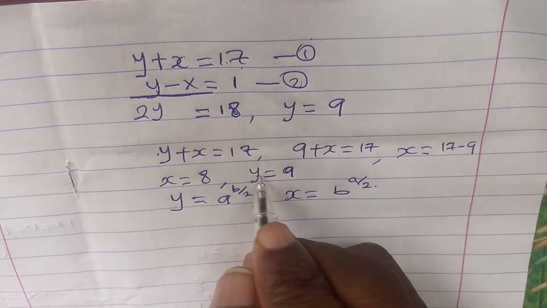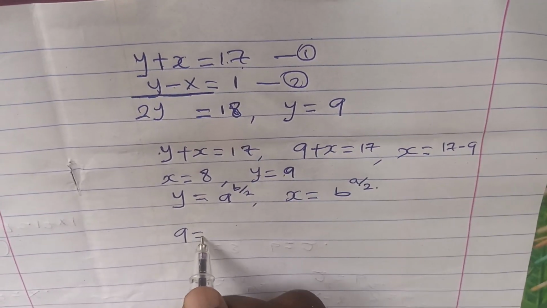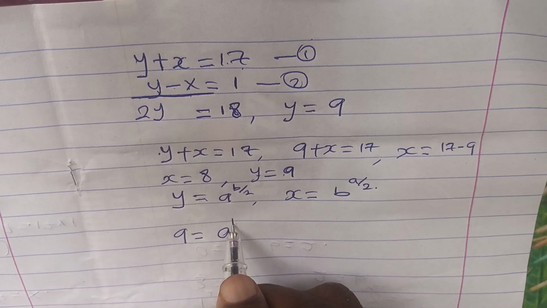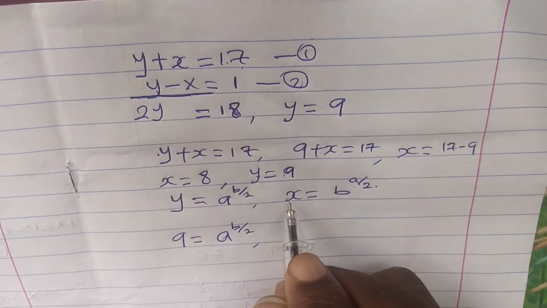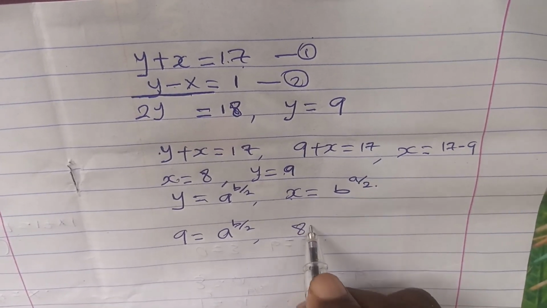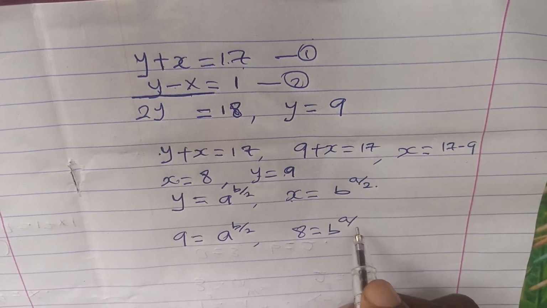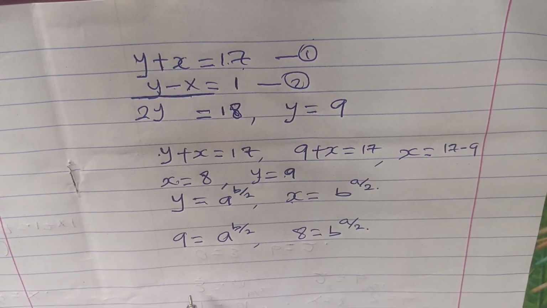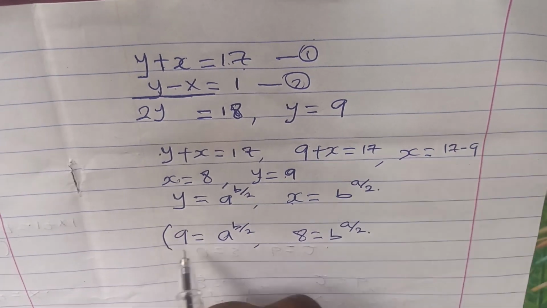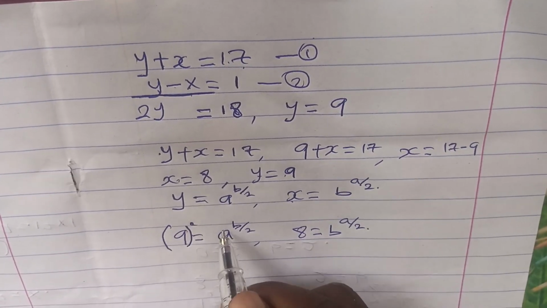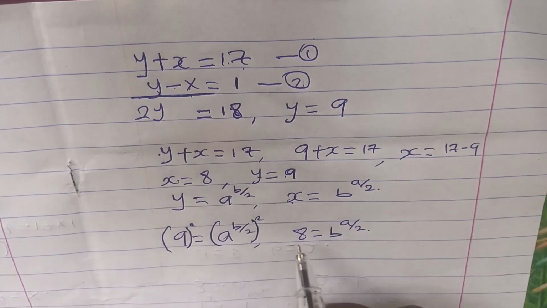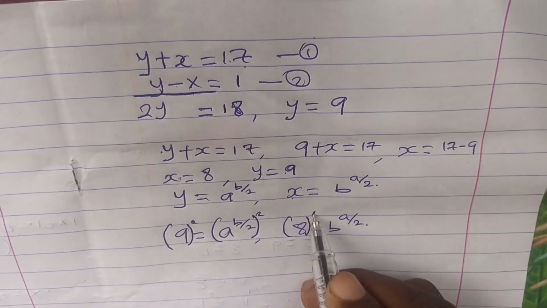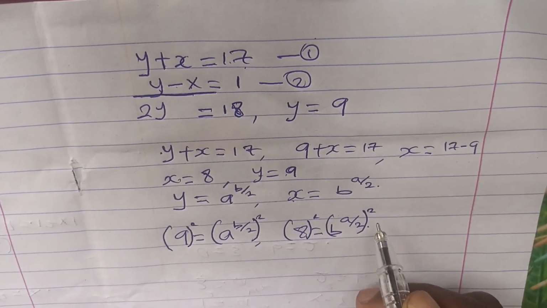So 9 is equal to a to the power of b over 2, and 8 is equal to b to the power of a over 2. To find the values of a and b, we can simply square both sides of the two equations.